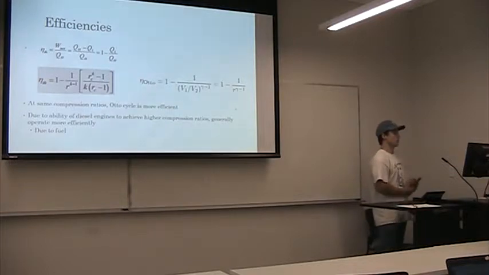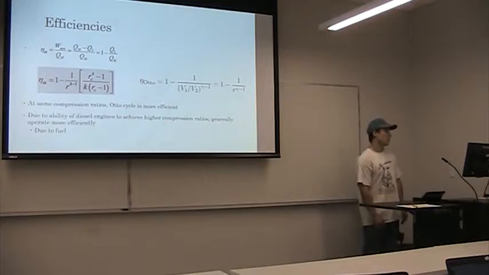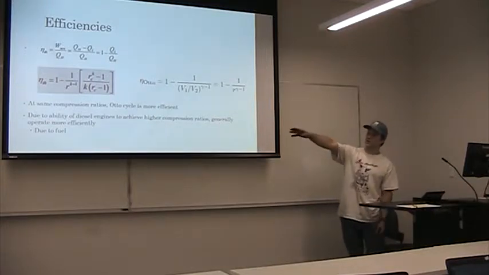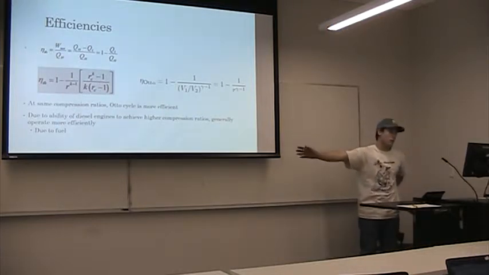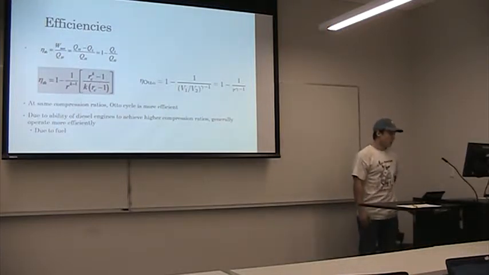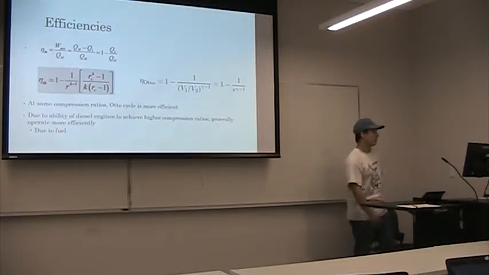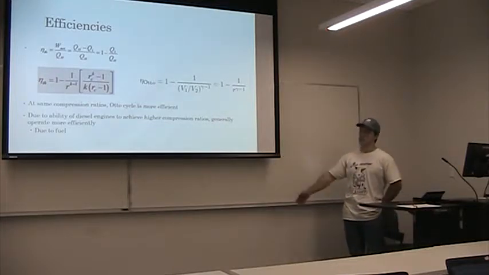Efficiencies: remember our efficiency equation, and from that you derive these equations below. The one on the left is the diesel efficiency, the one on the right is the typical Otto gasoline efficiency equation. If you insert the same compression ratios and constants in these equations, the Otto cycle is actually more efficient, which I didn't realize.